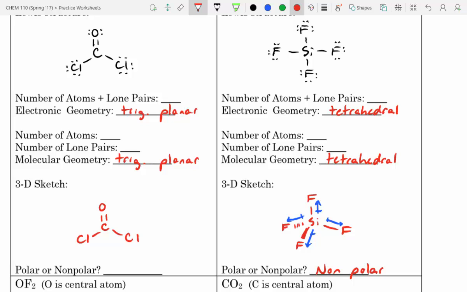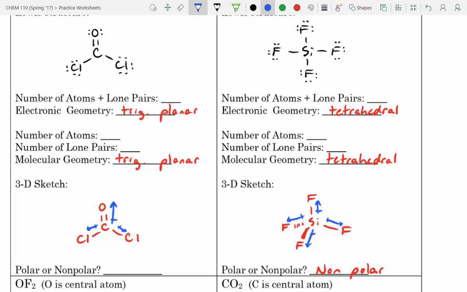What's more electronegative, oxygen or carbon? Oxygen. Okay, so oxygen's very electronegative. Chlorine's a little bit less electronegative than oxygen. So I'm going to make this arrow a little bit shorter. If we go to the chart, you can see that chlorine's not as electronegative as oxygen.